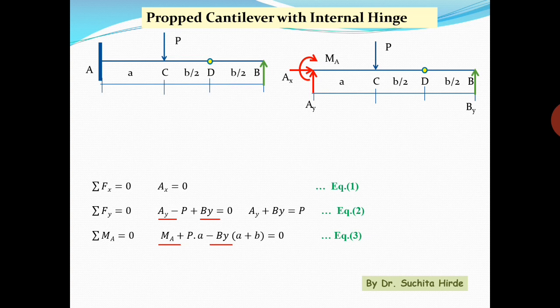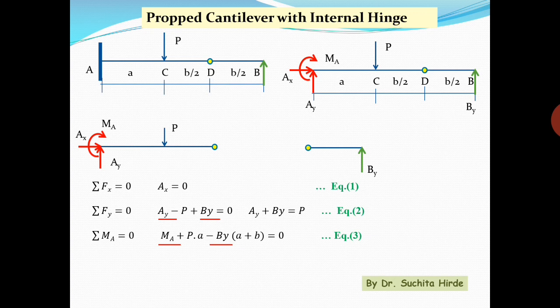So for this we have to draw one more free body diagram. Whenever there is a hinge in the structure, we separate the structure at the point of hinge. So it will look like this. We separate the AD portion from the DB portion. So on the AD portion, what are the forces there? Ay, Ax, MA and P. And in the DB portion, there is a force, that is reaction By.